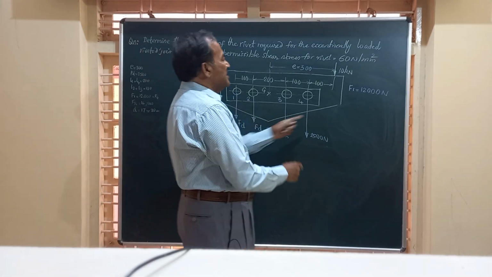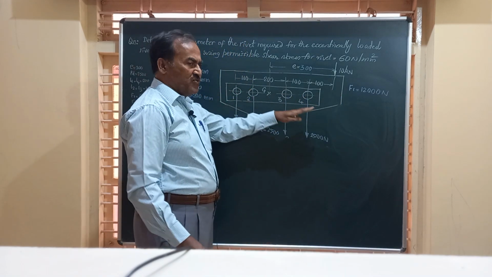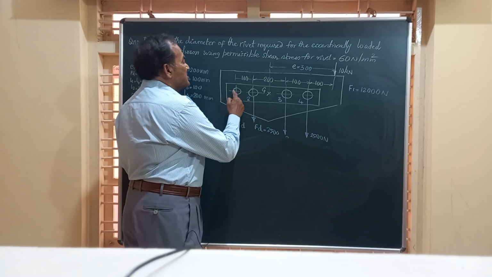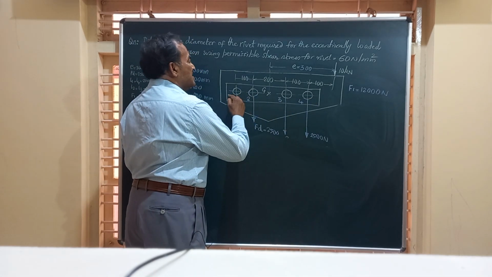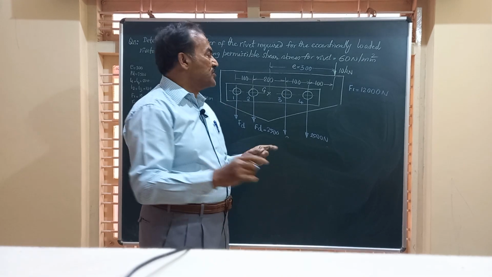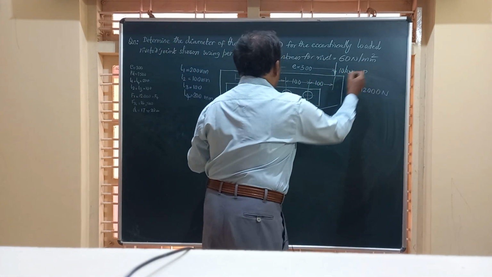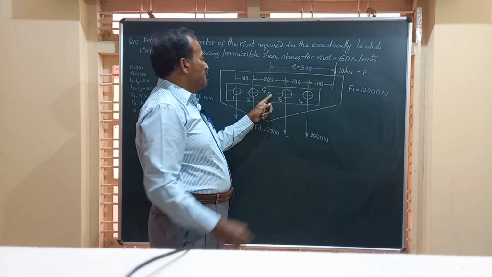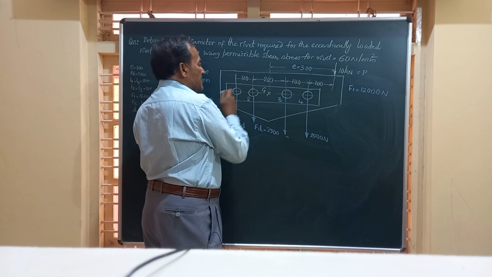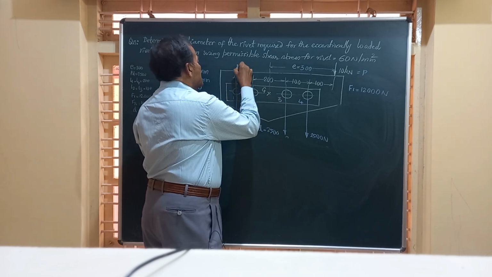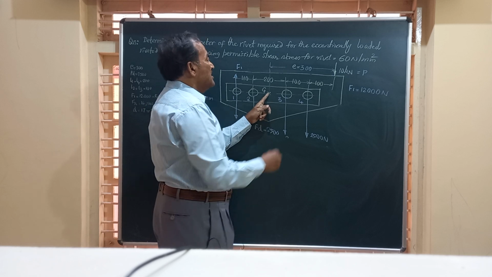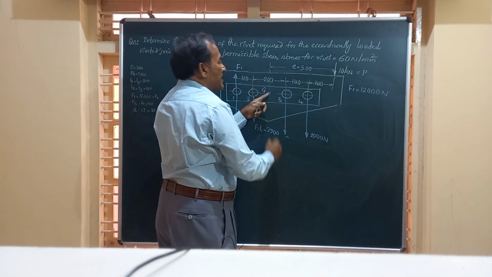Friends, all these secondary loads F1, F2, F3, F4 acting at rivets 1, 2, 3 and 4 act perpendicular to this line, perpendicular to this axis, so as to produce a moment similar to that produced by P about this G. So if you take rivet number 1, F1 should act vertically, that is perpendicular to the line L1, and this F1 should produce a clockwise moment about G, because P is producing a clockwise moment about G.